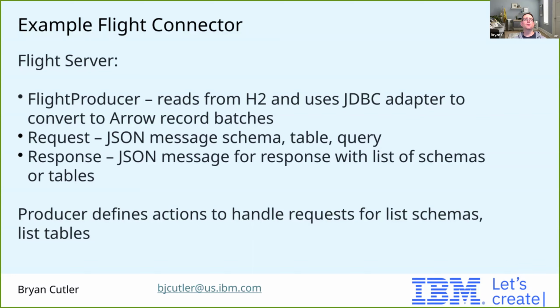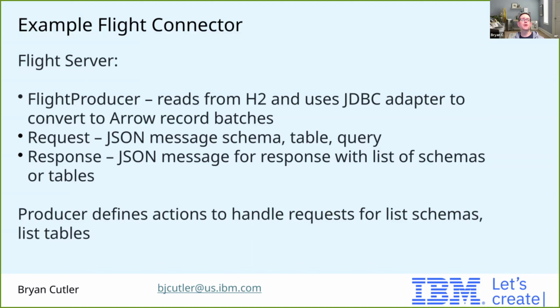Within the server, we define a couple of messages, request and response. Both of these are JSON-based messages. Any request that comes into this flight service has this message, and it has different configurations depending on what the specific command is.